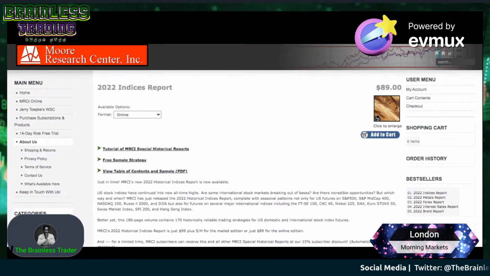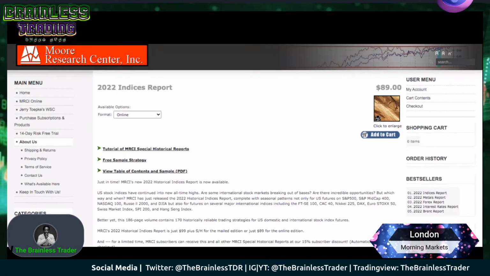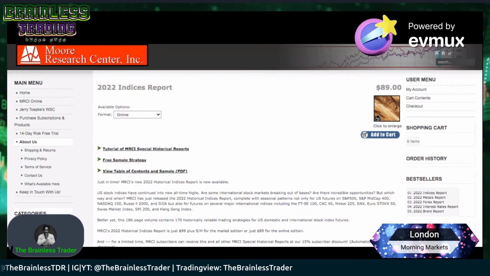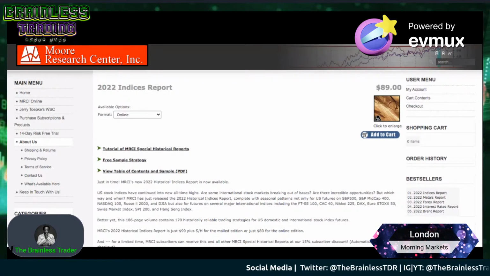This is the DXY right here, and you can see, January, February, March, and then after March, between April and May, it will typically take a dive, and then between May and July, it'll typically be bullish.